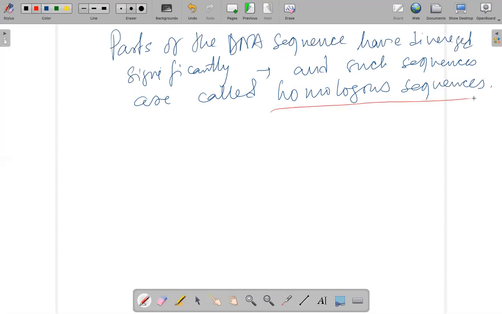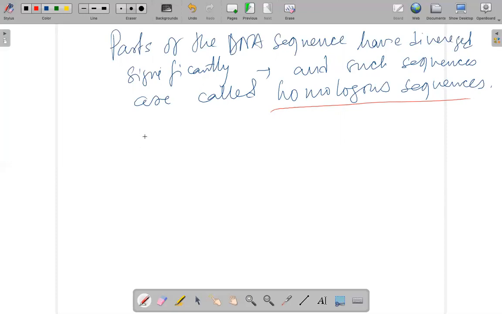So earlier they were the same species, but then due to continuous mutation, there have been changes in the DNA sequence at certain sites, and the change is so profuse that the species speciates into two new species, and the DNA sequences that have changed in the two new species are termed homologous sequences.